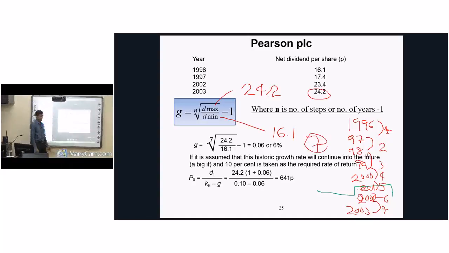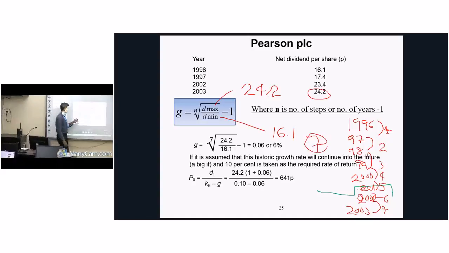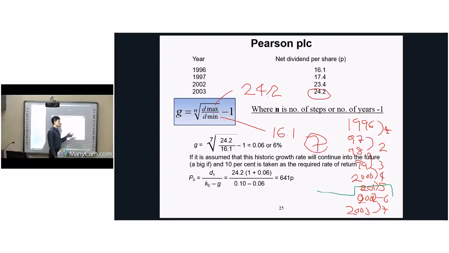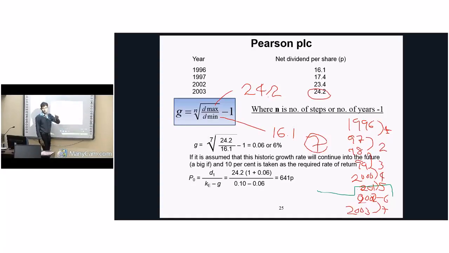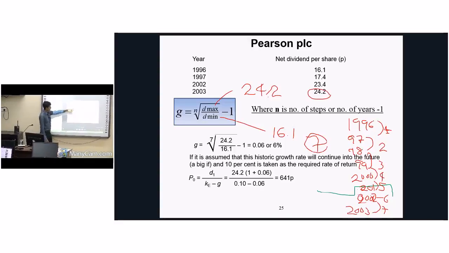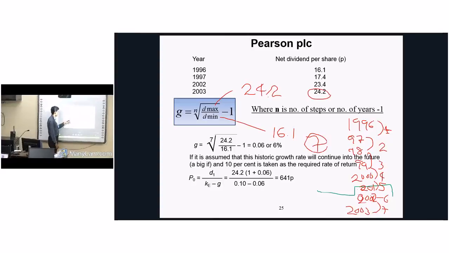You have to be careful, because we are trying to identify the number of steps for the growth rate. 1996 to 1997 is 1, it's not 2 years. So be careful on how to get this n, and here it's going to be 7. Now all of you know how to get this 7.